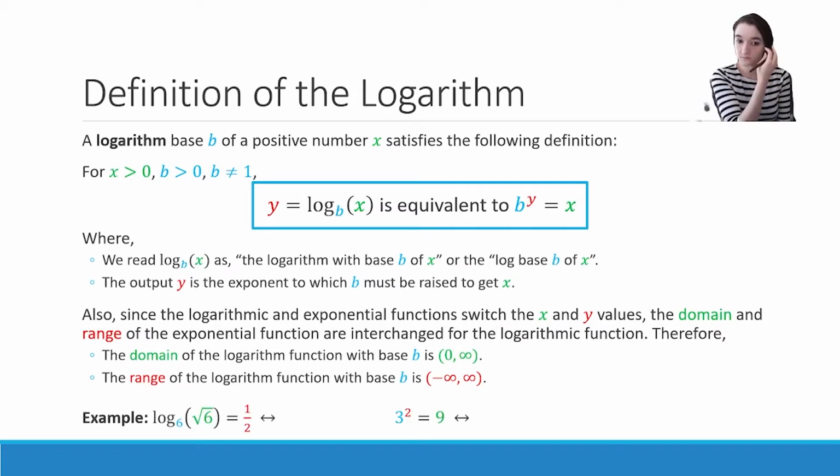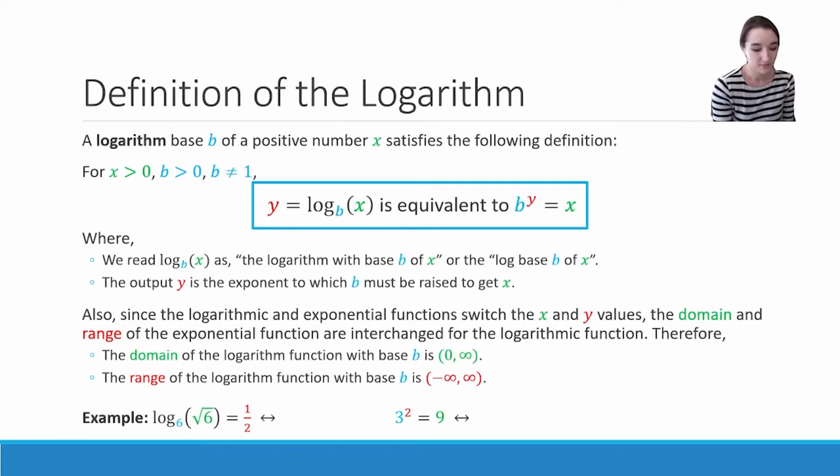Now let's do an example. If you are given log base 6 of the square root of 6 equals 1/2, how would I rewrite that in its equivalent exponential form? Well, I've color-coded it for us, so it shouldn't be too difficult to follow.